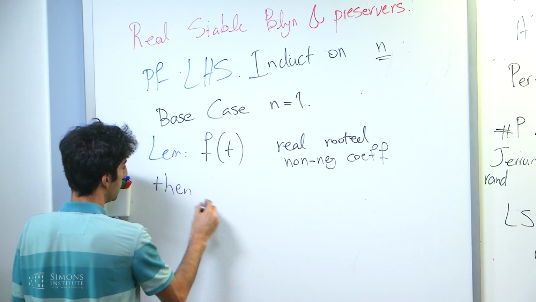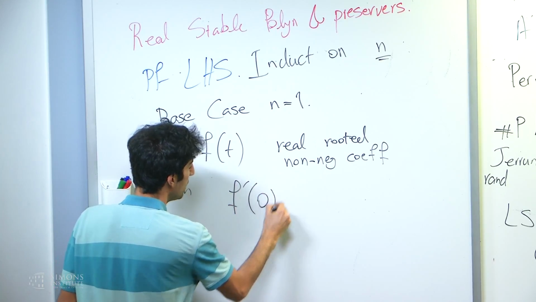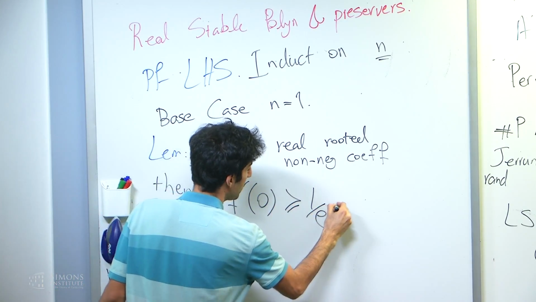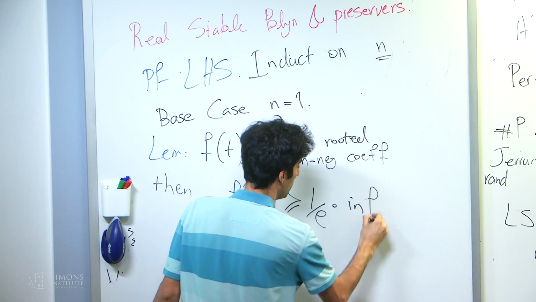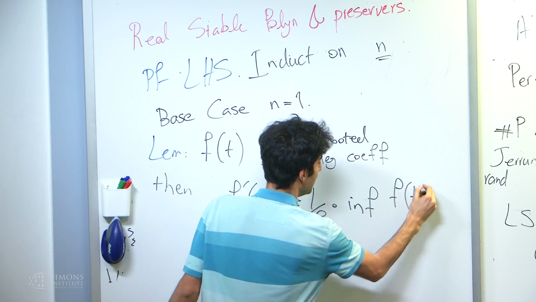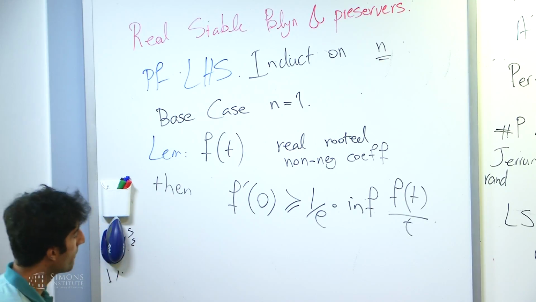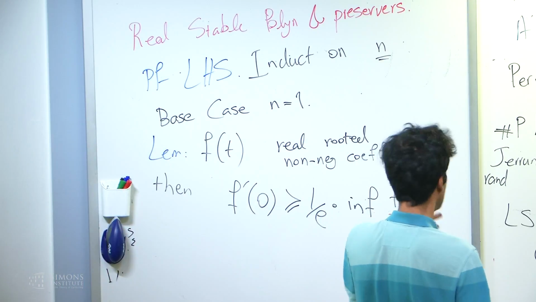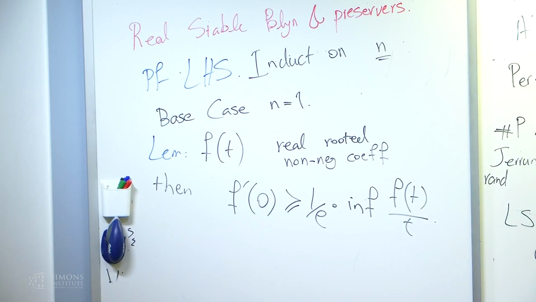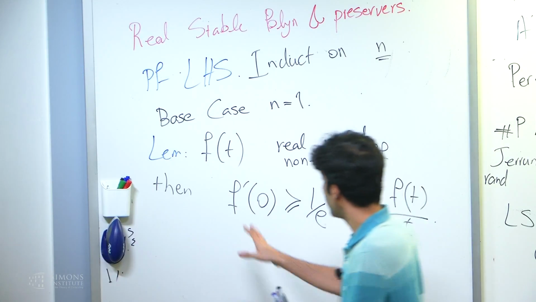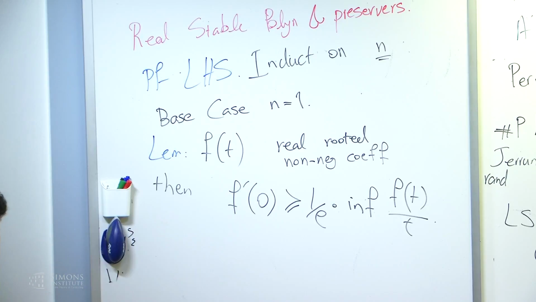Then f prime at 0 is at least 1 over e times the infimum of f at t over t. This is really the same thing, except when n is equal to 1, and e to the minus n becomes e to the minus 1. I'm not going to prove this. I will prove it in the exercise section. But let's take this for granted, and now let's do induction.